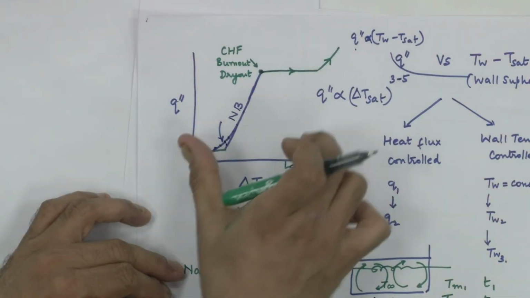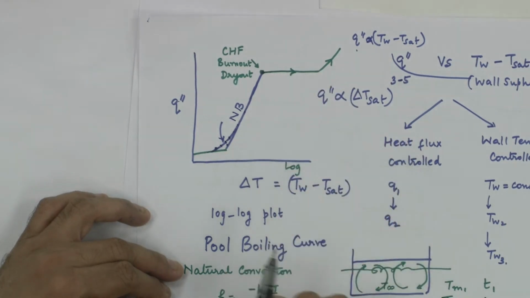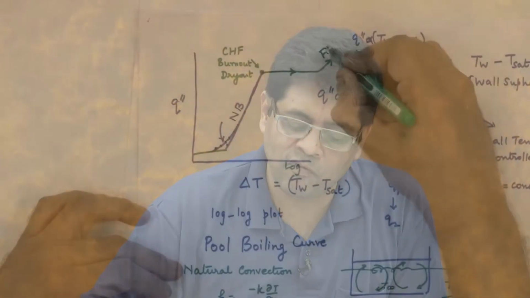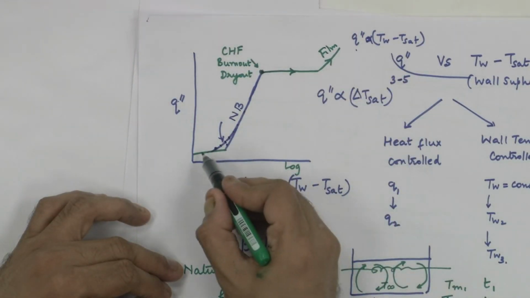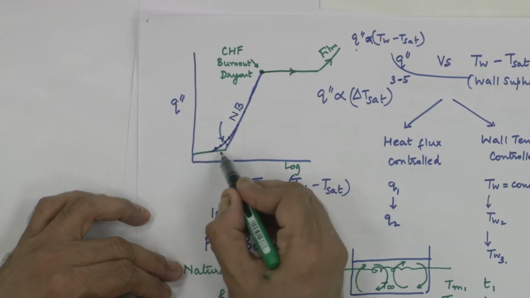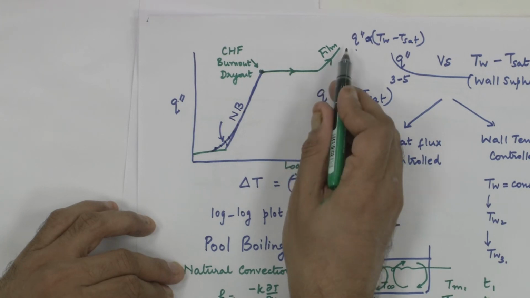Remember, this is a log plot. So this delta T that you are talking about, which is like 5 degrees here, is now of the order of 700 or 800 degrees and further increases rapidly. This is called film boiling. So when I increase the heat flux, I go from natural convection to nucleate boiling, point of CHF, and then to film boiling.